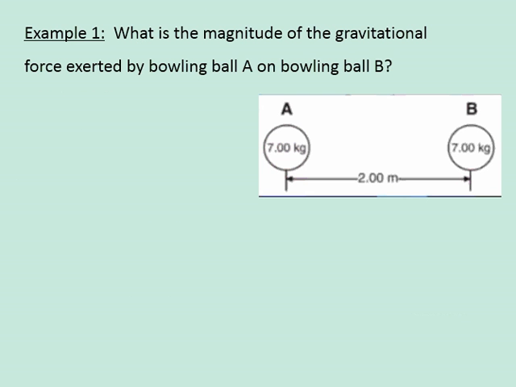Let's look at a few examples. Here we have two bowling balls, and we're just looking at the size of the force exerted by bowling ball A on bowling ball B. We would also know that the size is equal and opposite if we look at the other situation of the bowling balls. So let's write down Newton's law of universal gravitation.